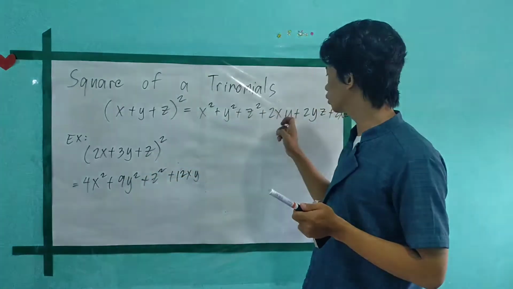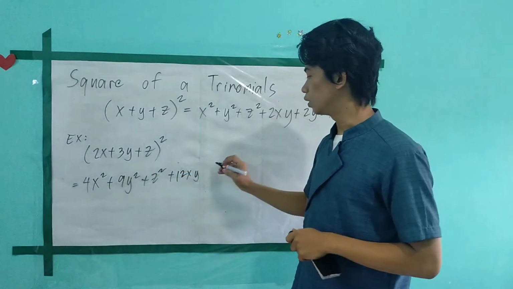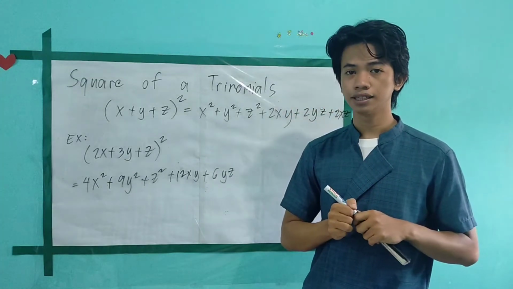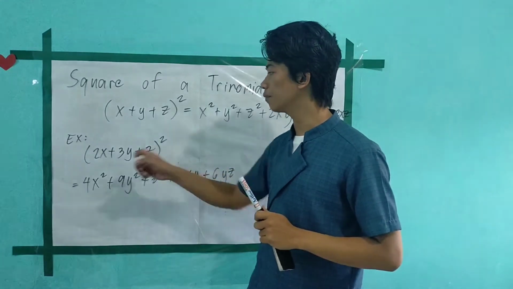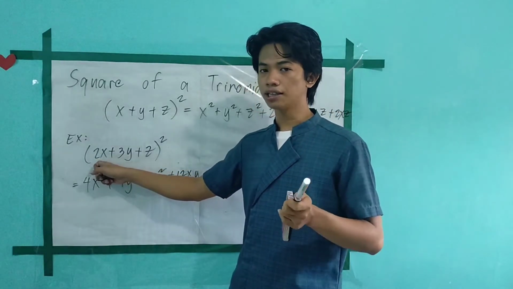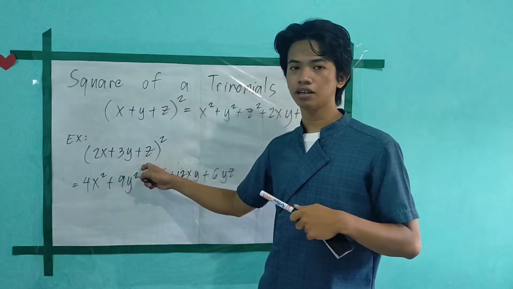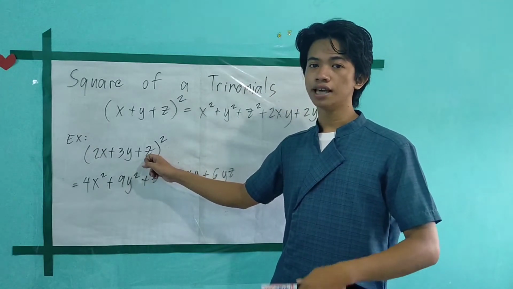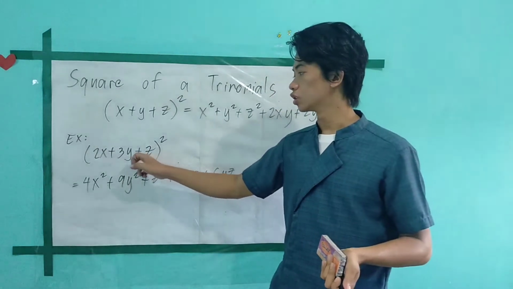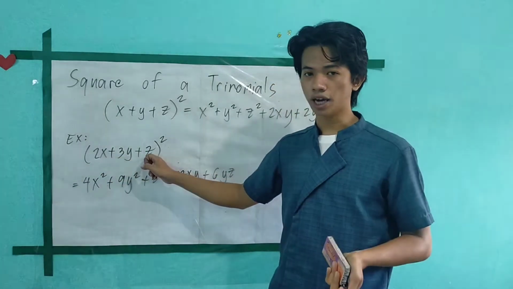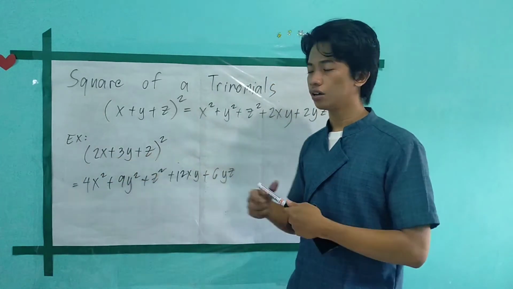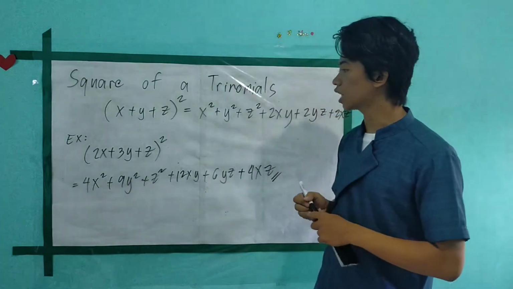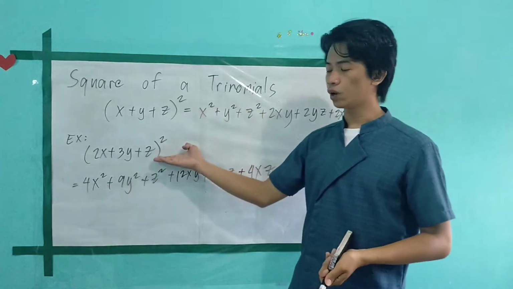Then multiply it by 2, we have 6yz. And for the last step, multiply the first term and the last term of our trinomial. So 2x multiplied by z. Then multiply by 2. So 2x times z is 2xz, times 2, we have 4xz. So this is our answer for the square of a trinomial.